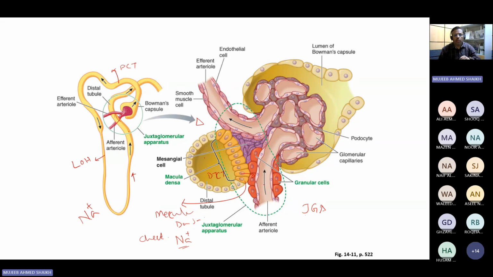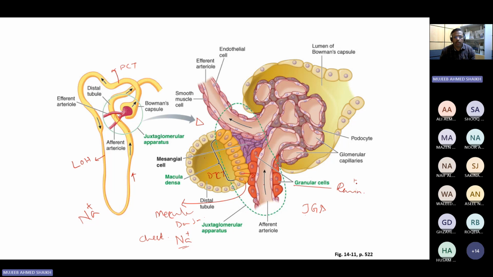The afferent arteriolar endothelial cells, which are modified, are known as granular cells. These granular cells are responsible for secreting renin.